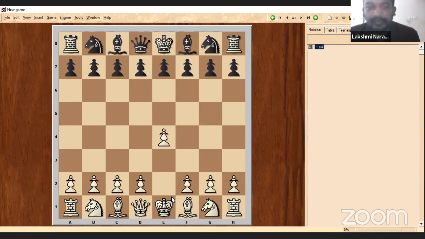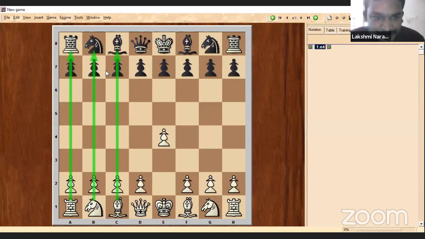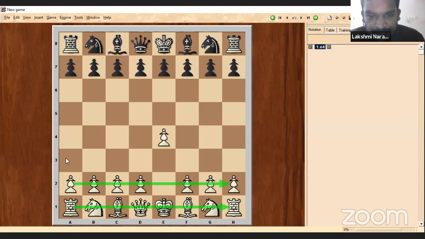So in chess, how the move is recorded is, first we should mention the name of the file, then the name of the rank. So here you can see that, as I told you, the vertical lines are called as files, and the horizontal lines are called as rank.